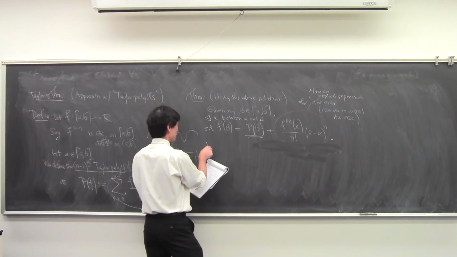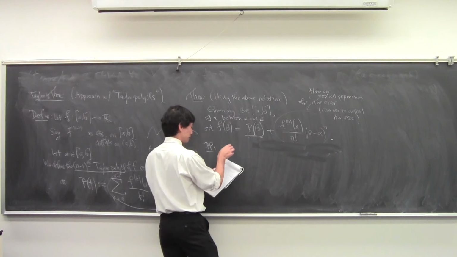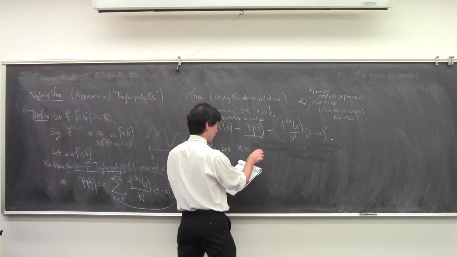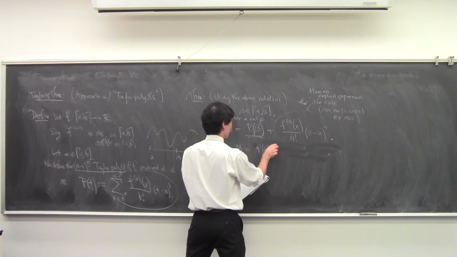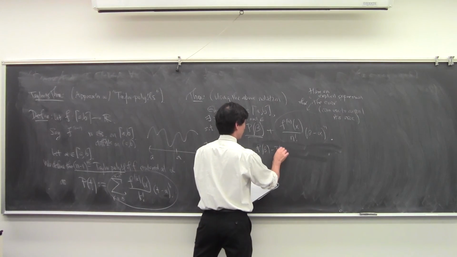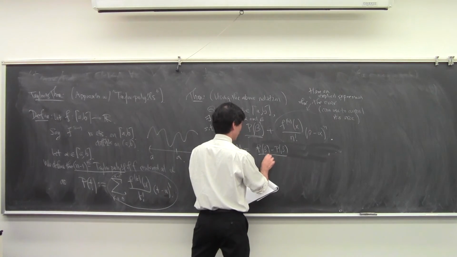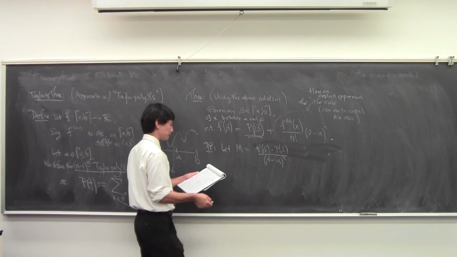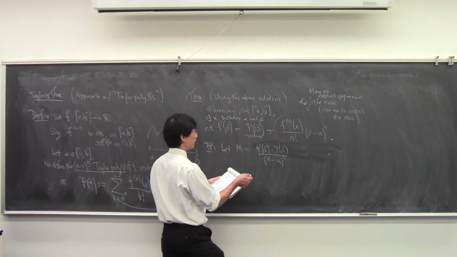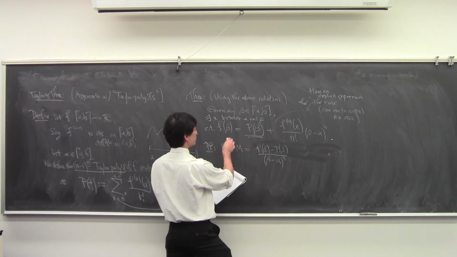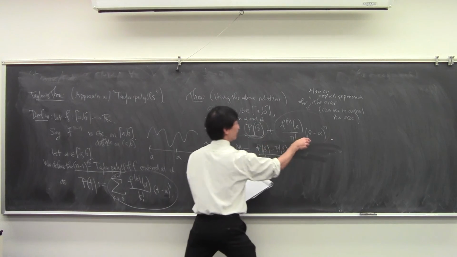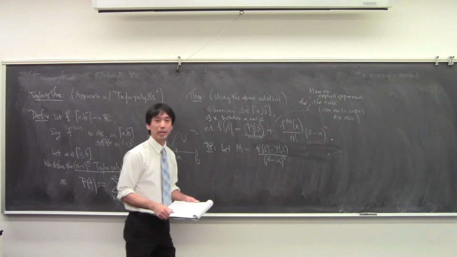So here's the proof. Let m denote the following constant: f of beta minus p of beta over beta minus alpha to the n. In other words, the constant you get when you move this thing over to the left side and divide both sides by beta minus alpha to the n.